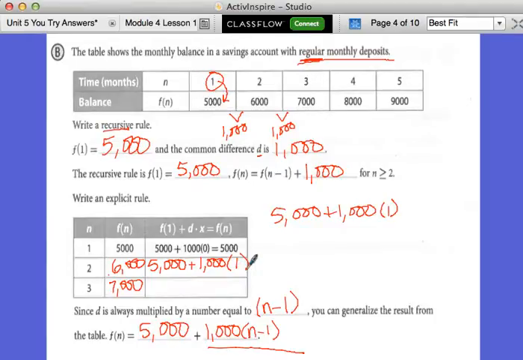Here, I need to end up adding 2,000 to my 5,000, but I can only add 1,000 times something. So to turn the 1,000 into 2,000, I multiply by 2. Now, if you look here, your n is 3, and what you're multiplying by is 2. Your n is 2, and what you're multiplying by is 1. So you're always multiplying by your n minus 1.